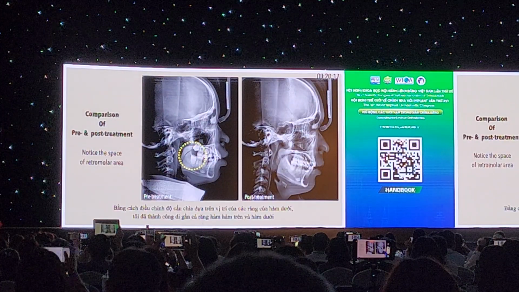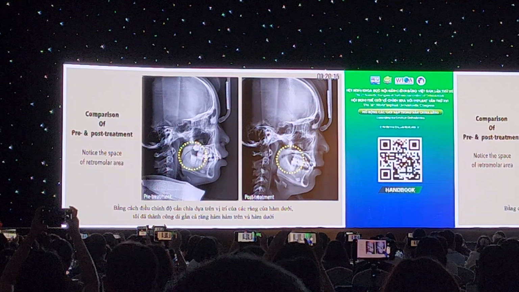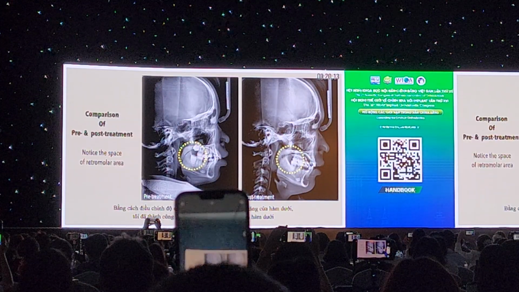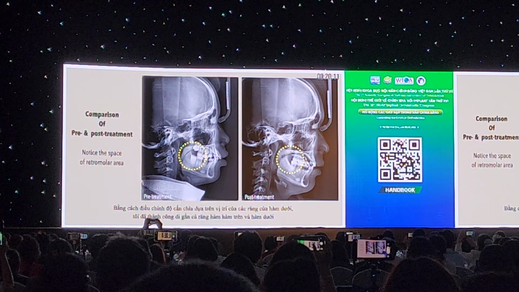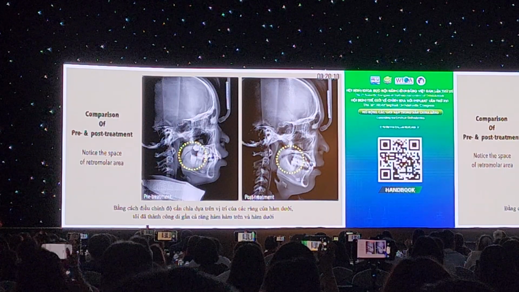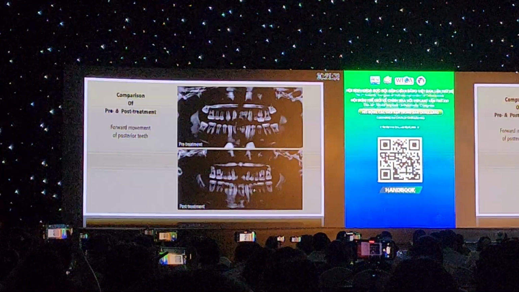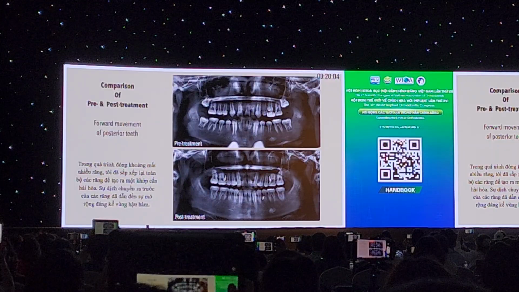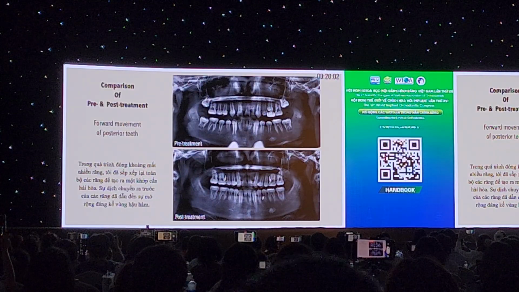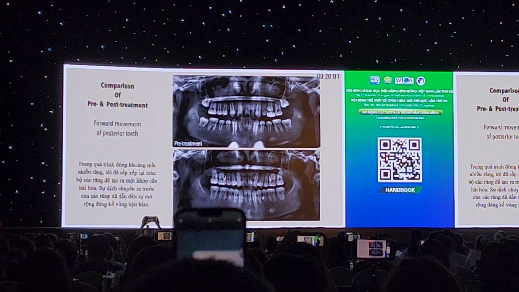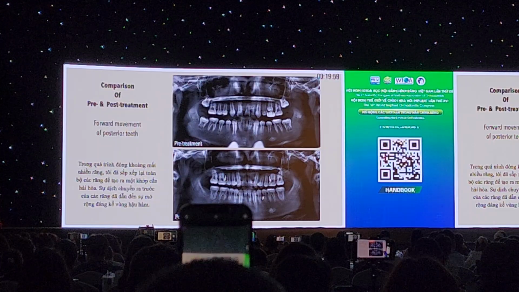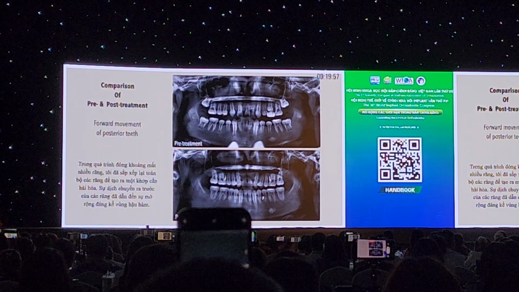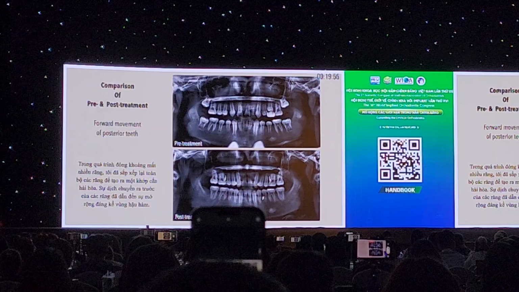By adjusting the overjet relative to the mandibular incisors, I successfully advanced both the maxillary and mandibular molars. While closing multiple spaces, I effectively aligned all the teeth to create a satisfactory occlusion. The forward movement of the teeth resulted in significant widening of the retromolar area.